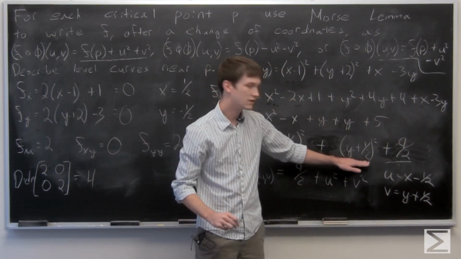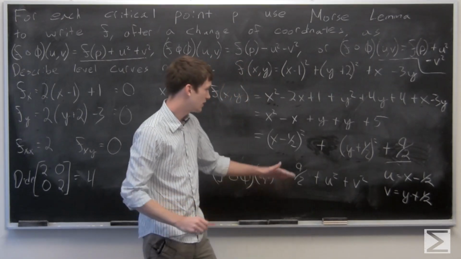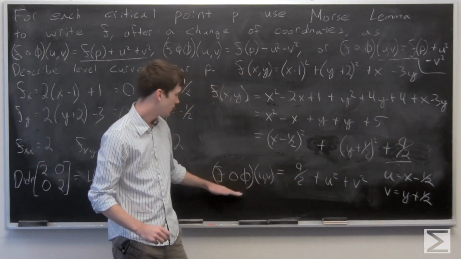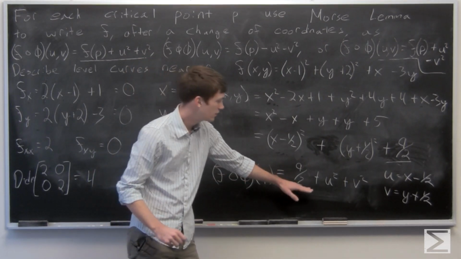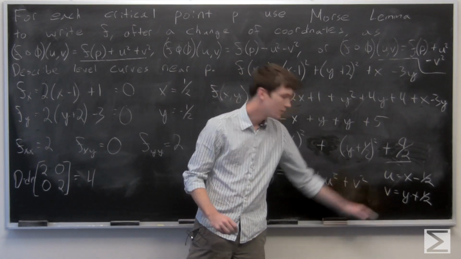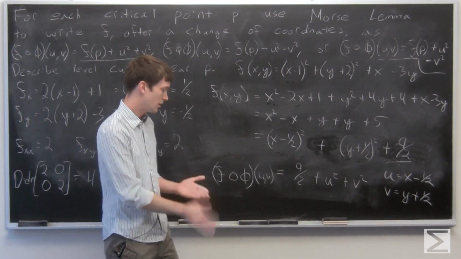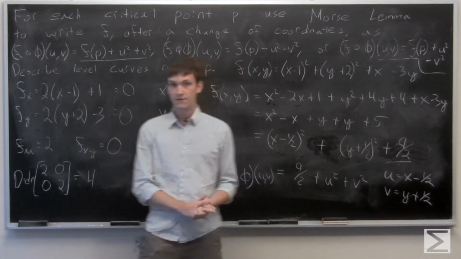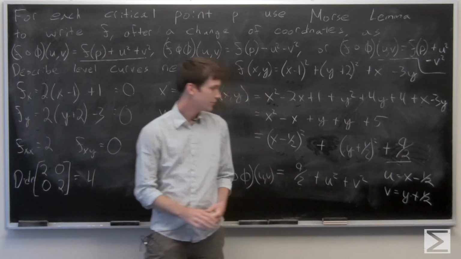And for our v, we'll just let that be y plus 1/2. So if we let that be the case, we have our f composed of phi of u, v is 9/2 plus u squared plus v squared, and we have our change of coordinates. We used Morse lemma to write f in this form at p.